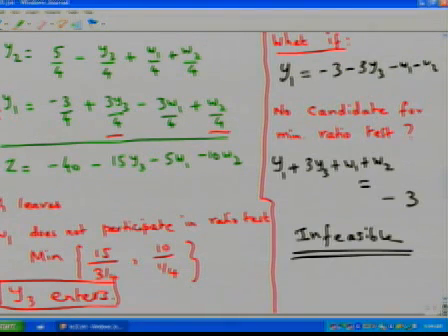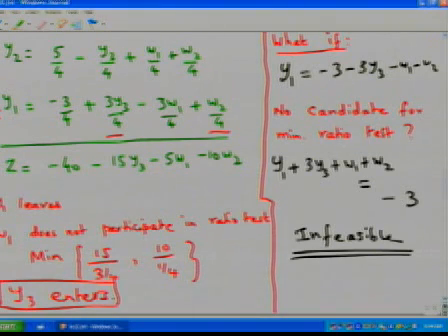Observe that in the primal simplex method, if none of the variables participate in the minimum ratio test, the problem is unbounded. Some variable with a positive coefficient enters the basis and nothing leaves.